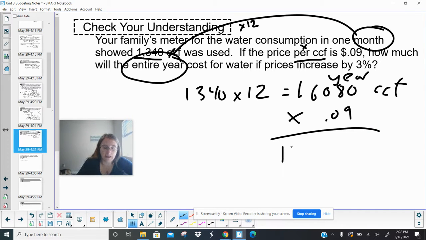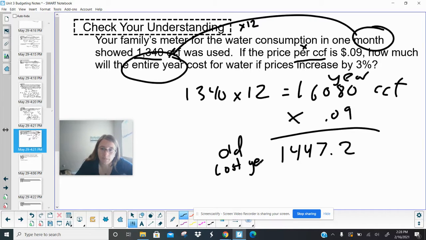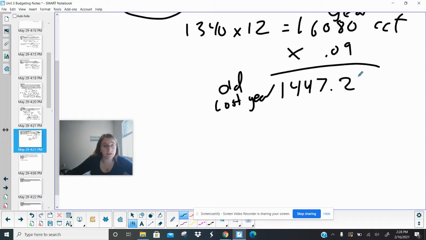Now, again, like I said, if you did not multiply by 12 right here, that's okay. You can still get it right as long as you take your final answer and multiply it by 12. So this was the old cost for a year. It increases by 3%. So what you should have done is you should have taken your old cost, figured out what 3% of it is.